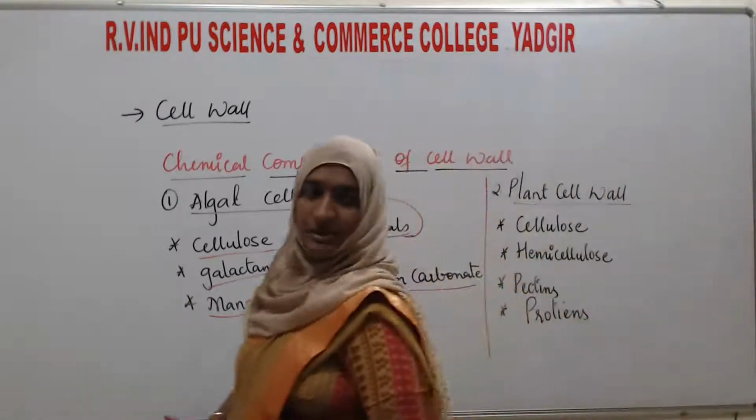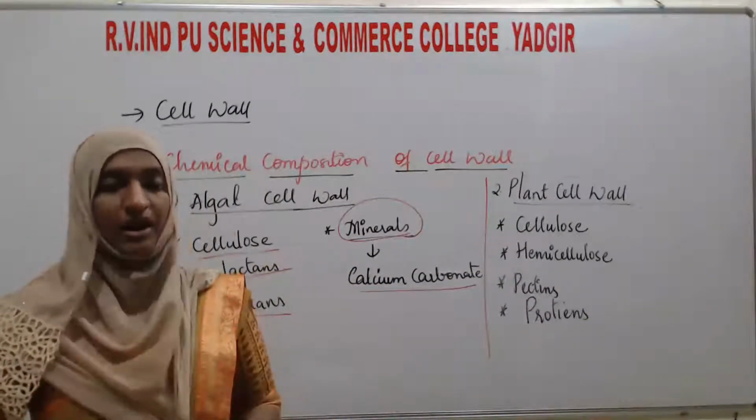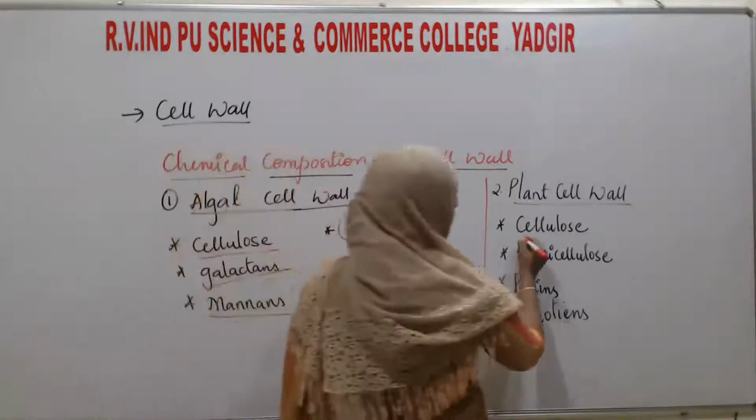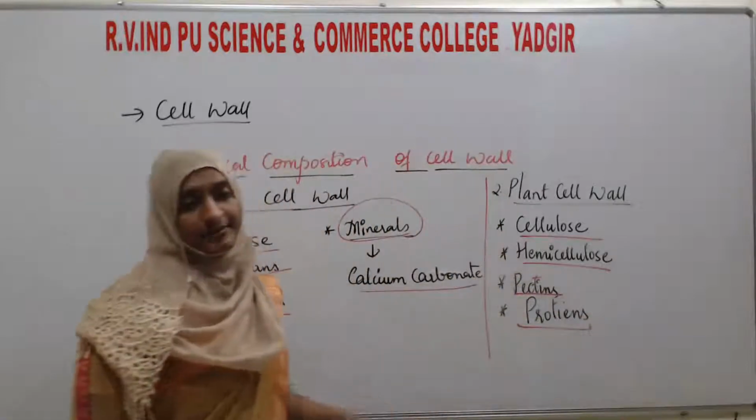So the cell wall of a plant is made up of cellulose, hemicellulose, pectins, and certain proteins.